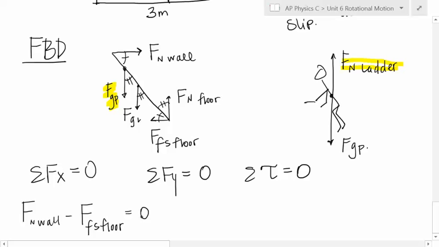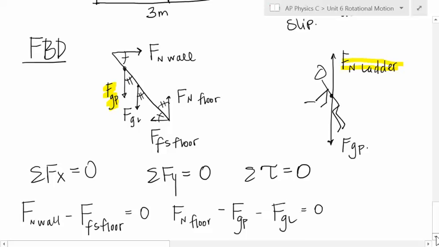All right, up and down in the y direction, it looks like we've got a force normal from the floor minus the gravitational force on the person minus the gravitational force on the ladder. Is that all the y stuff? Yeah? Okay, now we need to look at the torque.